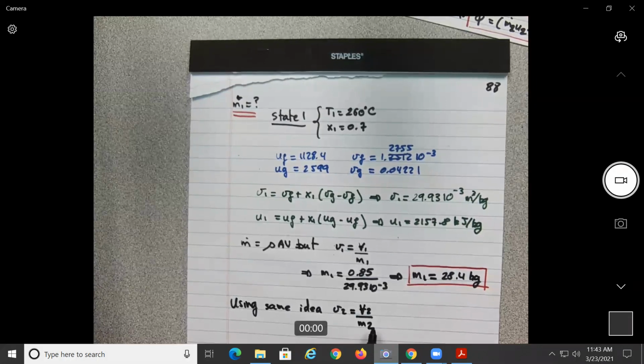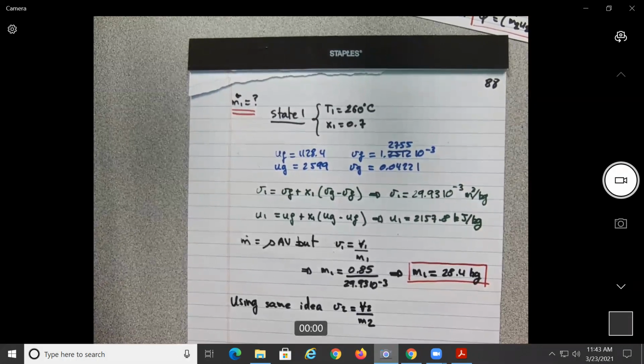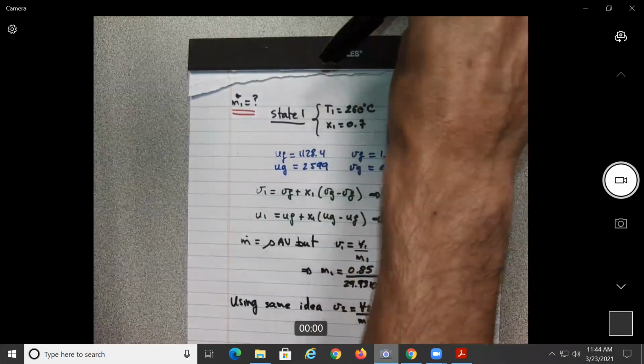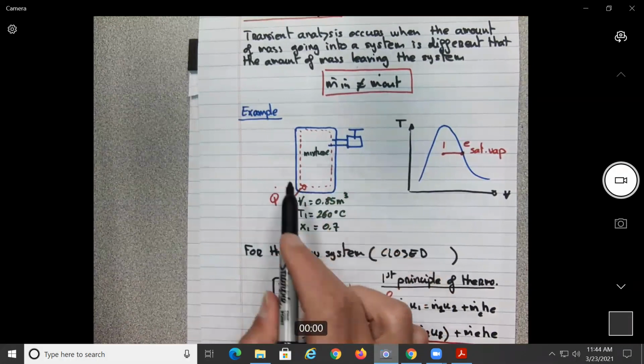So we need to find what would be V2. And this is for the closed system, which is this one over here. So what should be V2? Same thing as V1, no?